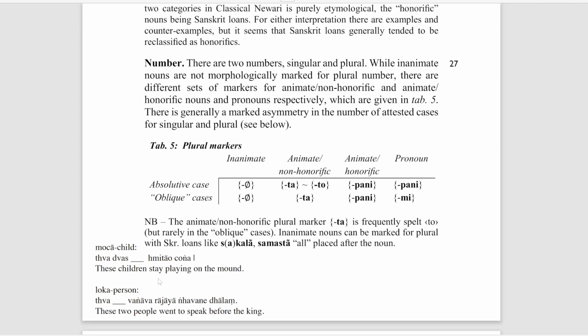Rajaya Navane, so Raja is the king, ya is the genitive ending. Navane means in front of, in the presence of, and it goes with a genitive case. So you see the Rajaya becomes genitive, so it's like in front of the king or before the king. And dahalan is the perfective past of daye, to speak.